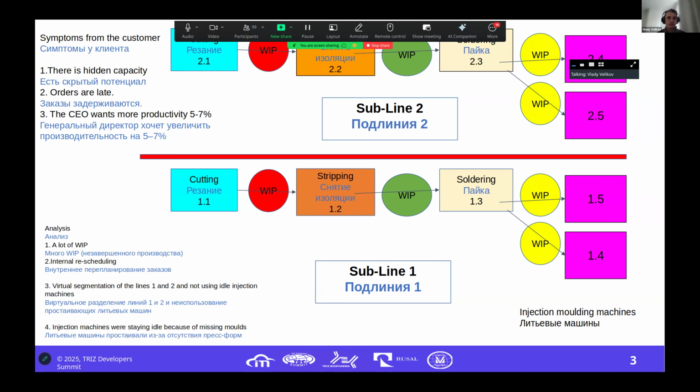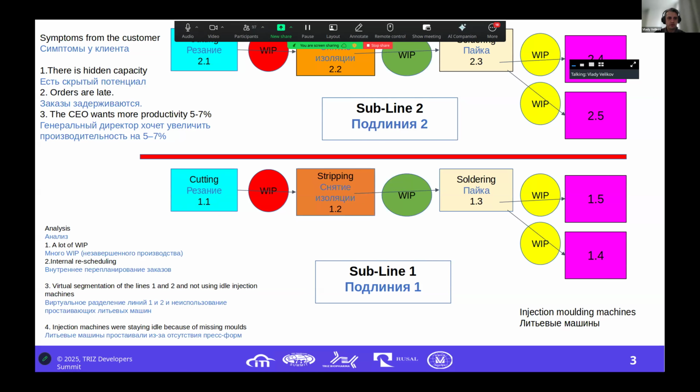When I did the analysis, let me explain the line. First, we have two sublines. The process starts with a cutting machine. They put in a cable and the machine automatically cuts it into the sizes you want: 5, 10, 50 centimeters, as much as you want.